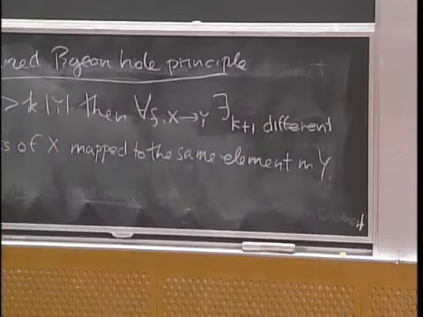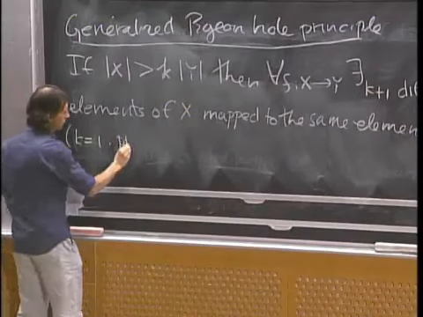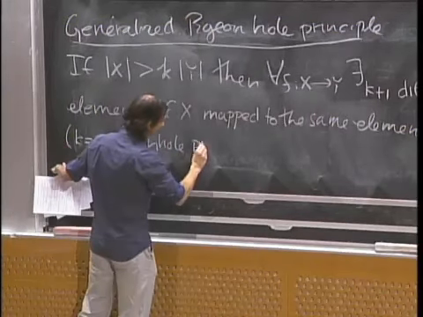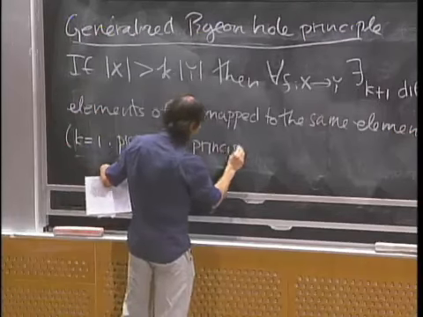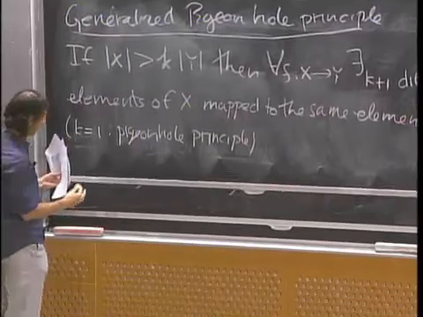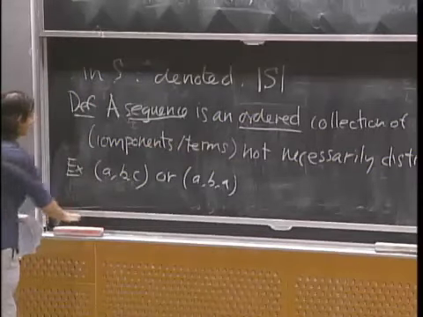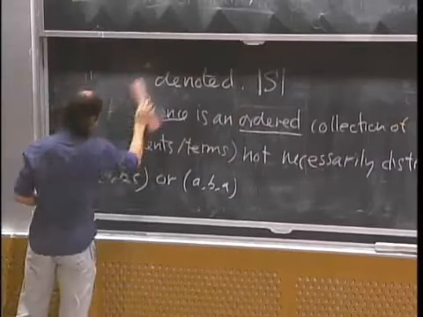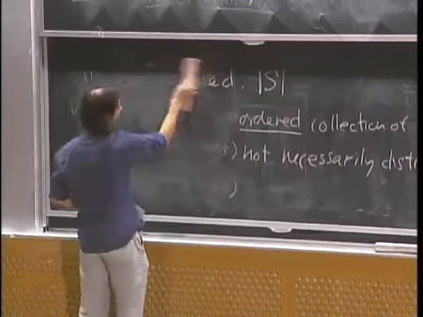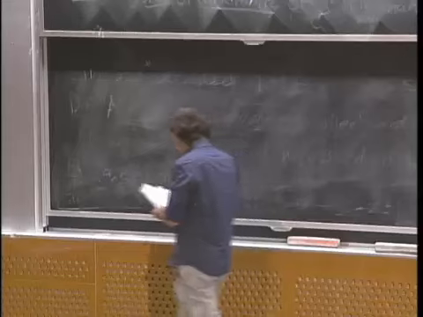And if we take a specific case, k equals 1, we will actually call this the pigeonhole principle. Let me just demonstrate it by the famous example of the pigeons. If I have more pigeons than the number of holes they can fly into, I know for sure that there exists a hole that 2 pigeons will visit. So that's where the name comes from. So let me write it out.